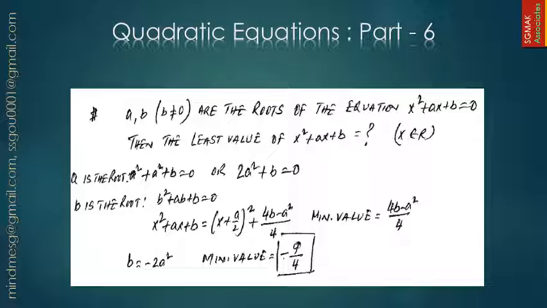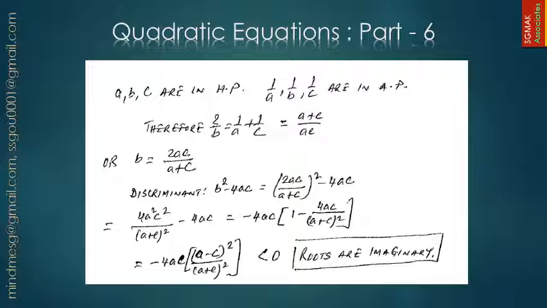If we substitute the relation b is minus 2a squared, this comes out to be minus 9 over 4. The key thing here is that if a and b are the roots, then each one of them separately satisfies the equation. That's what we have used here, and the expression for the discriminant.